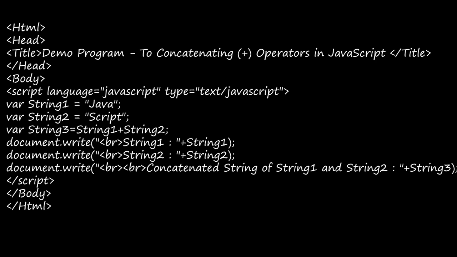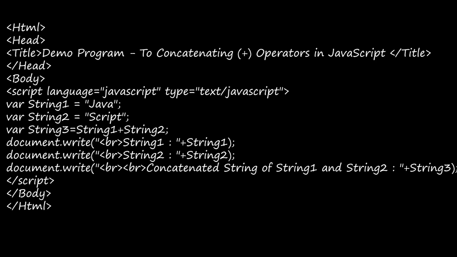Whatever you have given in that line, variable string1, will be displayed here. In the same way, for string2, in the next line, document.write inside the bracket, inside double quotes, string2, and the value of string2 will be displayed there.